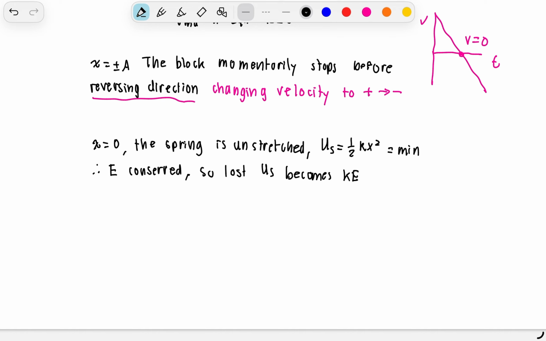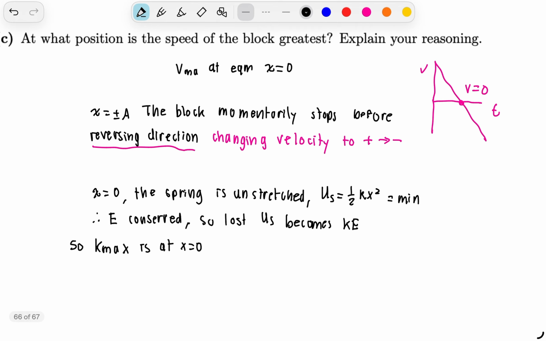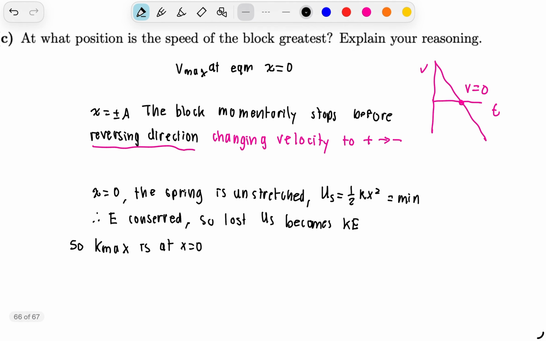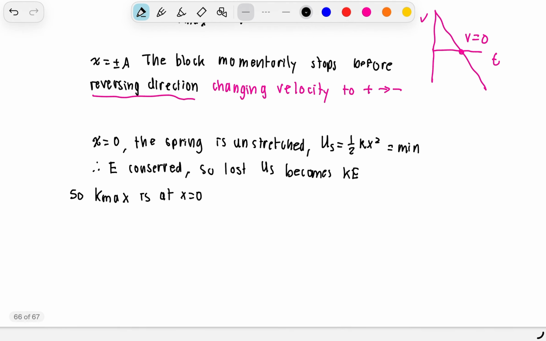So that means that K max is at x is equal to 0. So to summarize, we know the block moves fastest where all the spring potential energy has converted into kinetic energy, aka when we are unstretched.